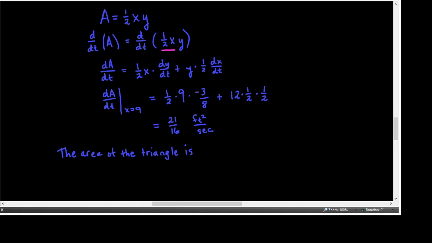Well, since it's a positive answer, that means it's got to be increasing, at a rate of 21/16 square feet per second when x is 9 feet. And there's your answer.